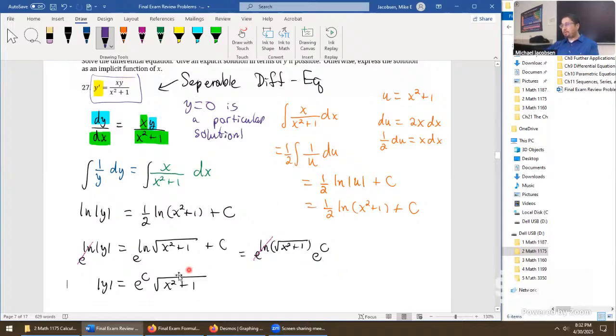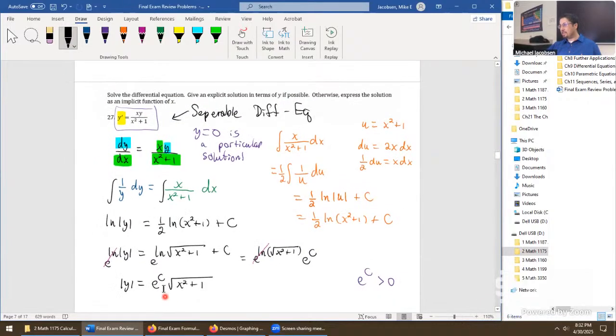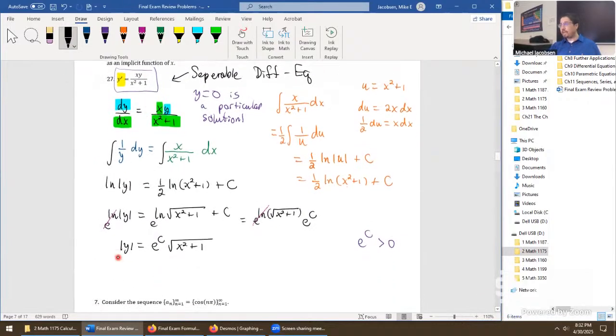Over here, e to the power c is saying our constant is strictly non-negative in our solution. But then we drop absolute values by writing y equals plus or minus e to the power c, root x squared plus 1. Well, now this is saying the coefficient can be any real number except 0.